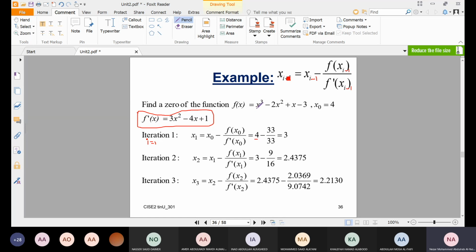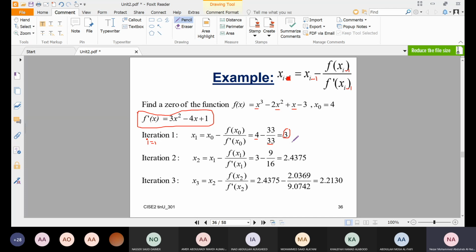I just substitute here instead of x by 4. Using my calculator, I will compute the value, equal 33, and evaluate the derivative at 4, and this also equals 33. Just solving this problem, I get the first estimate equal 3.